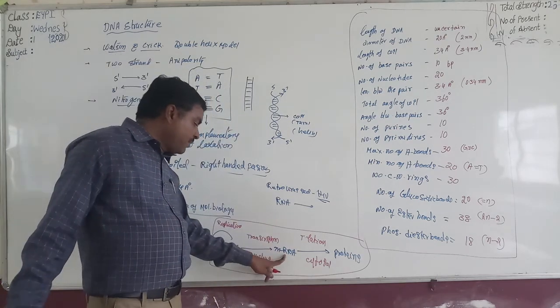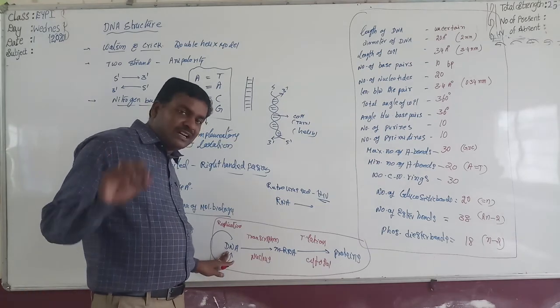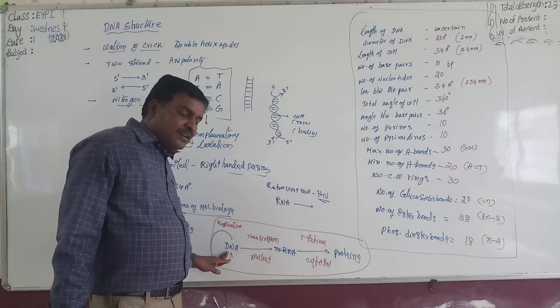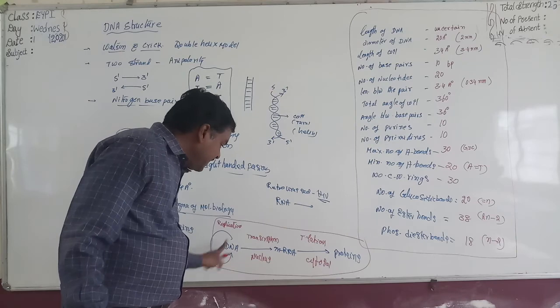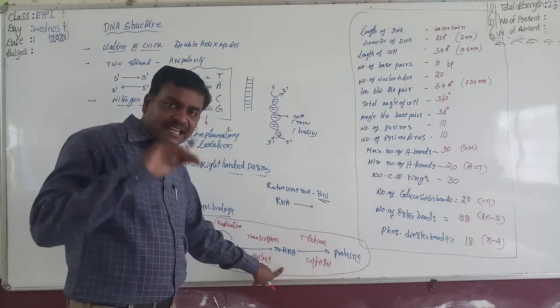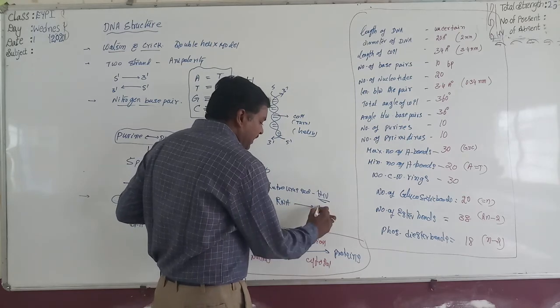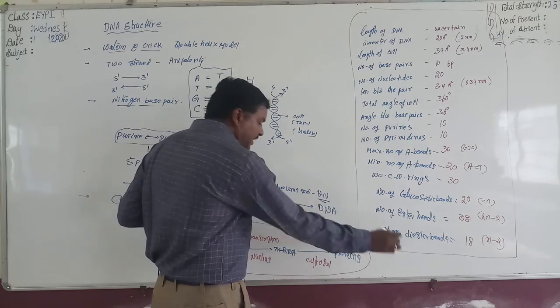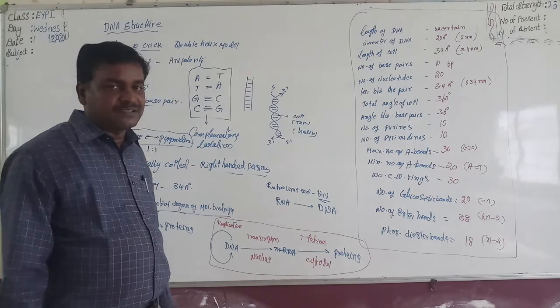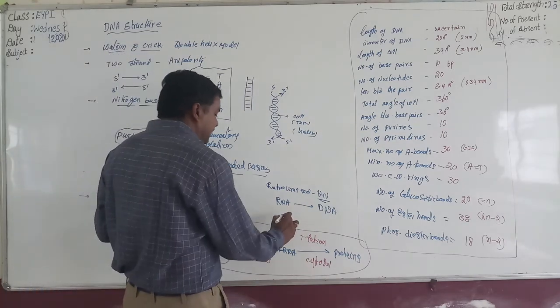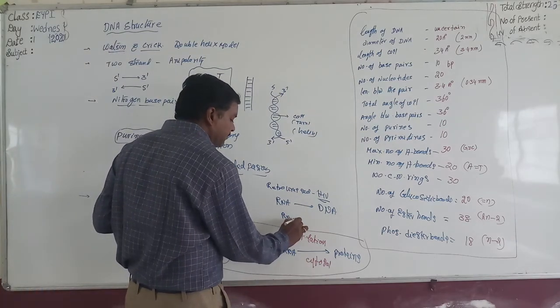Formation of mRNA from DNA is called transcription, and formation of DNA from RNA is the reverse direction. This is called reverse transcription.